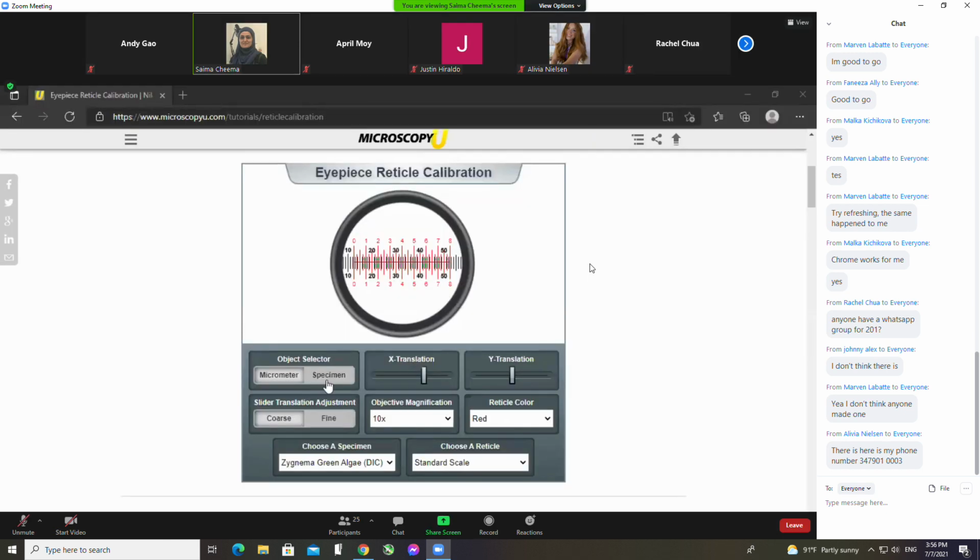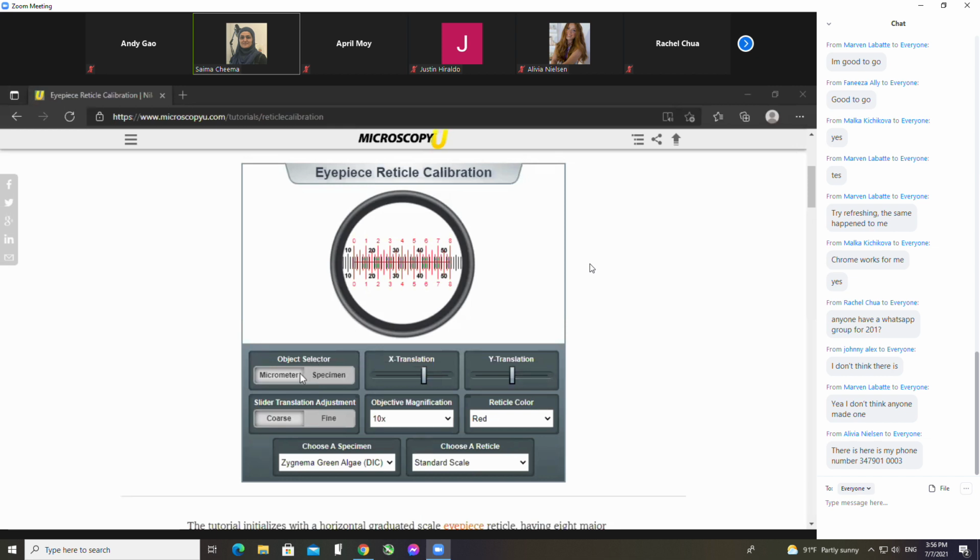Notice here you can select an object, either a micrometer or a specimen. Right now I've chosen a micrometer, but if I select a specimen, I'm seeing some algae in the background, and now I see the ocular ruler in red.